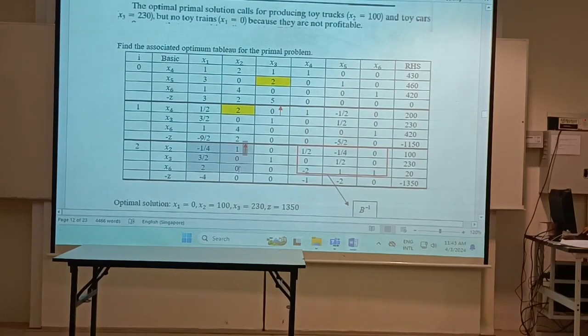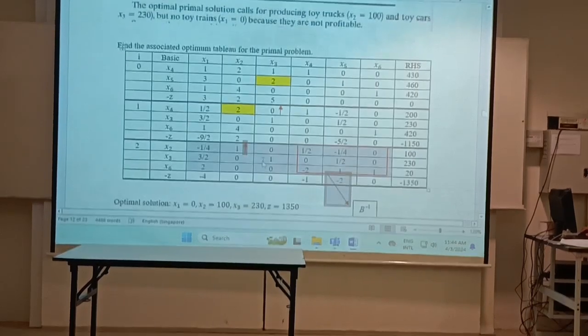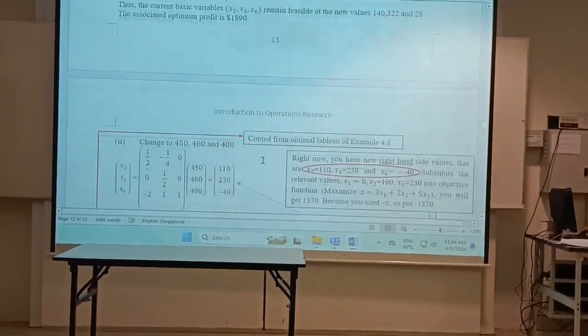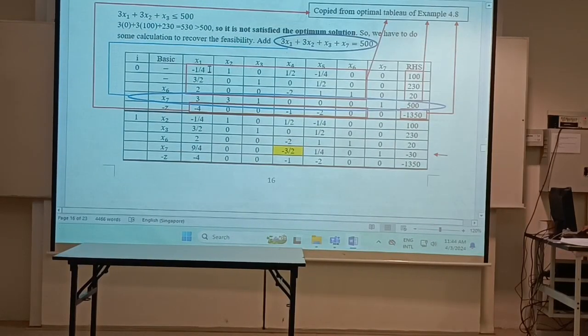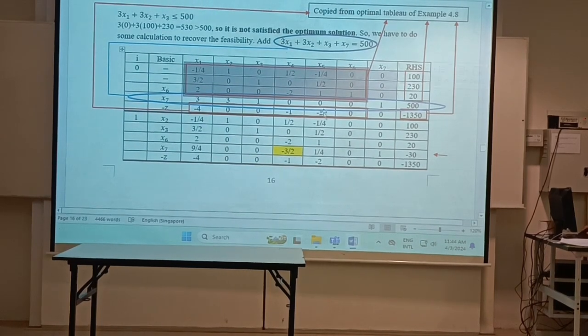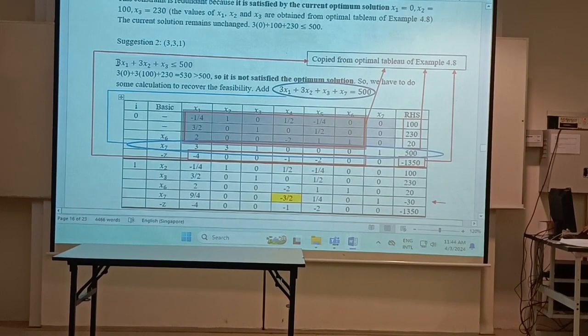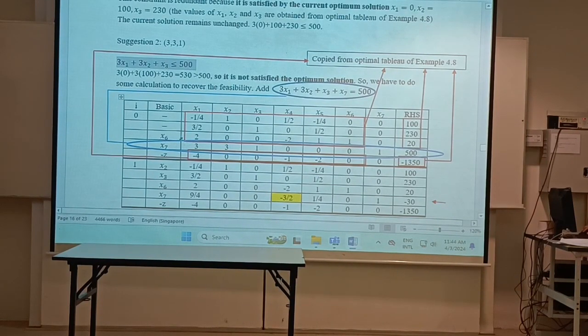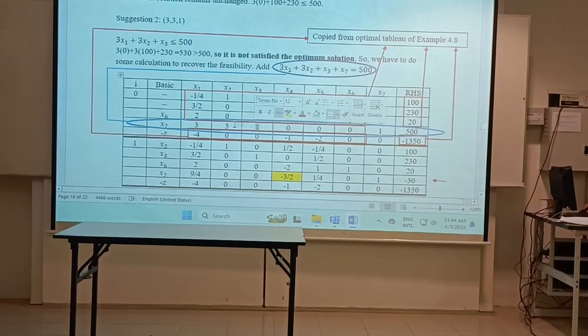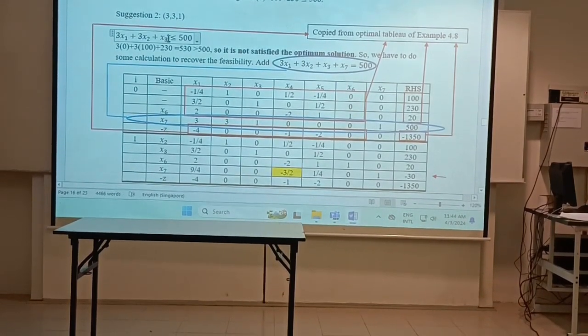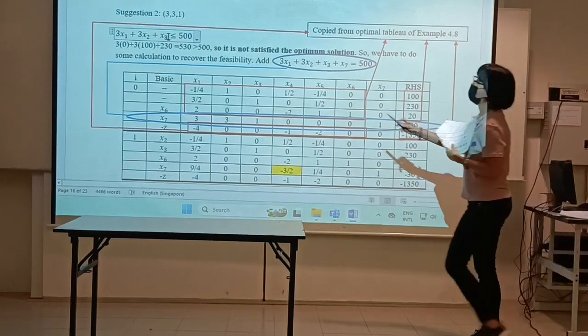Just copy, and then paste it here. Then this new constraint that we want to add in right now, you just put in here: 3x1 plus 3x2 plus 1x3, less than or equal to 500.